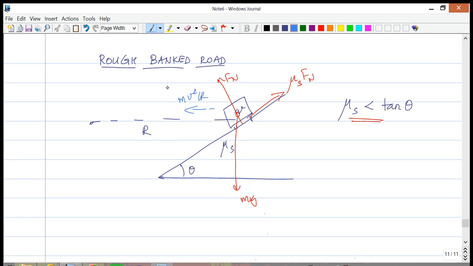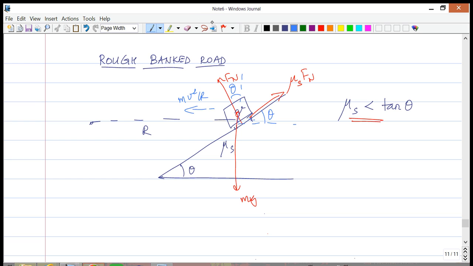Since we know the angle theta, let us break all the forces into components, because we would like to break forces that are not along the acceleration or perpendicular to it. Fn makes an angle theta with the vertical, and mu s Fn makes an angle theta with the horizontal.